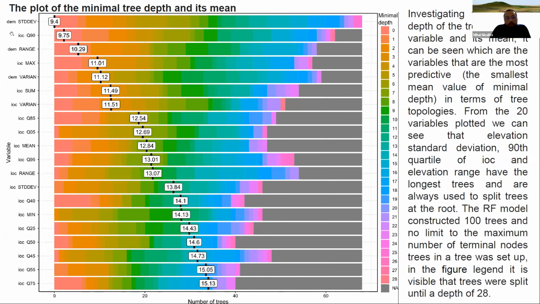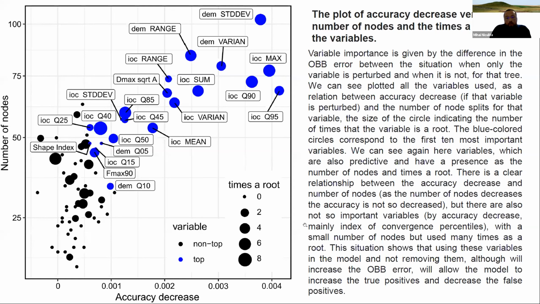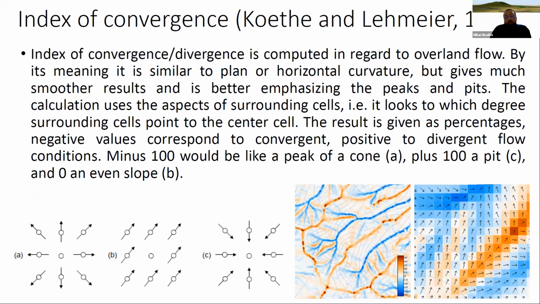And we can see that the standard deviation of altitude, the 90th quartile of index of convergence, the range of altitude, and so on, are geomorphometric variables that are used basically to find the burial mounds. Also, there are a lot of plots showing us how these variables are used.